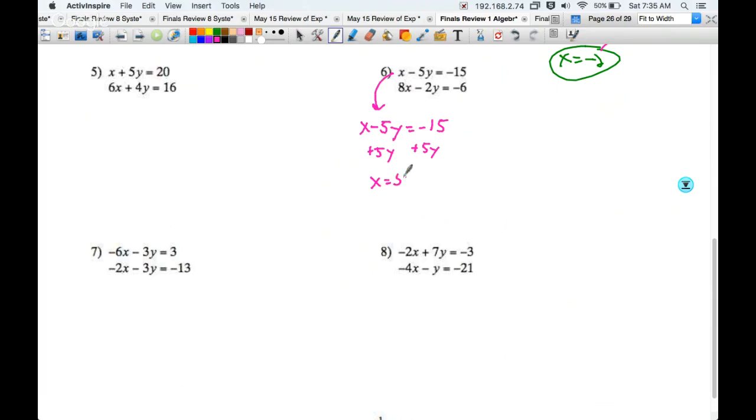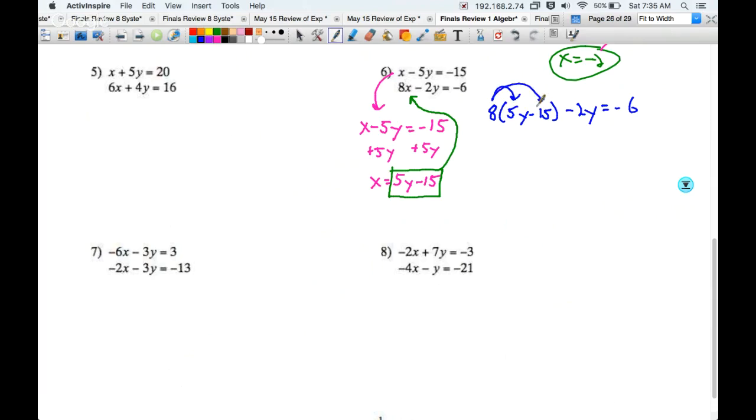X equals 5y minus 15. Put a box around the other side. Draw an arrow to this x right here. And we get 8 times 5y minus 15 minus 2y equals negative 6.